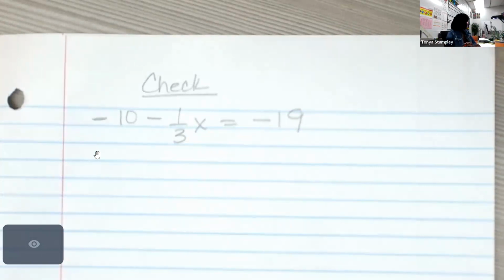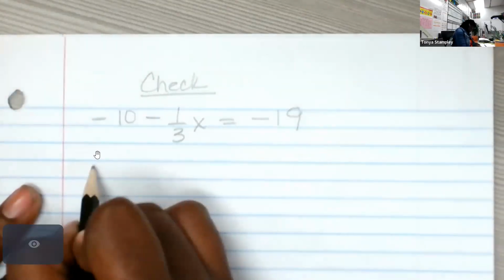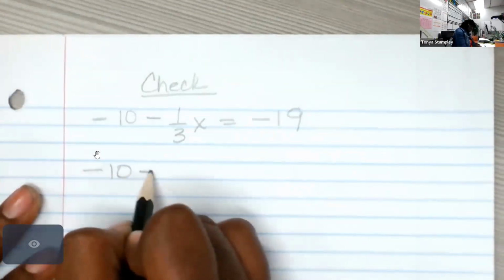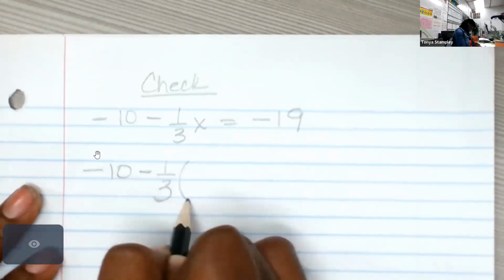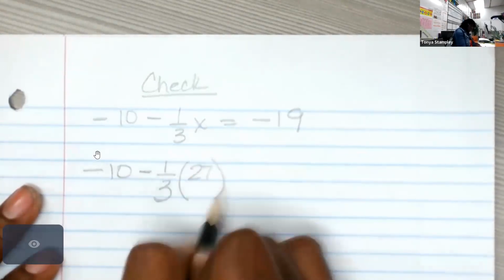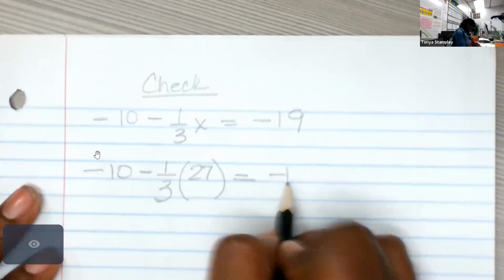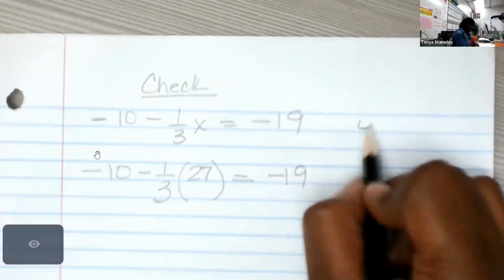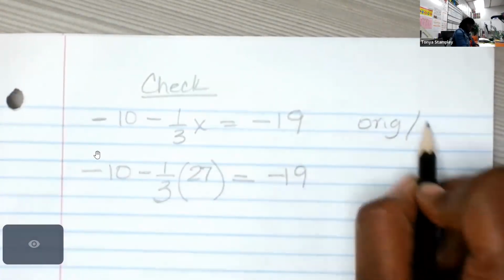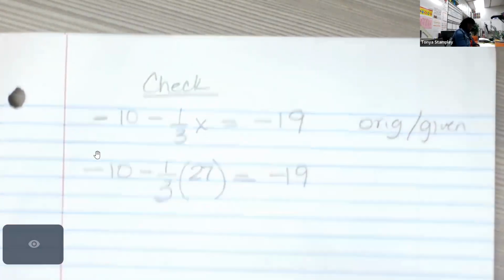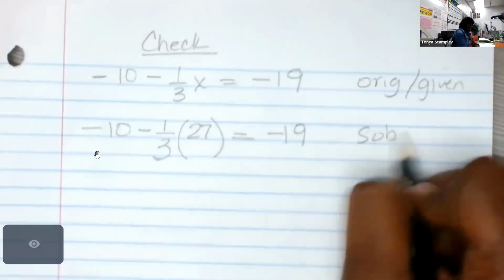We're gonna replace x with 27. Everybody understand why? Yes. All right, so we got -10 minus 1/3, and we're gonna replace x with 27. What property are we using? Substitution. So this is the original problem or the given, and this is substitution.